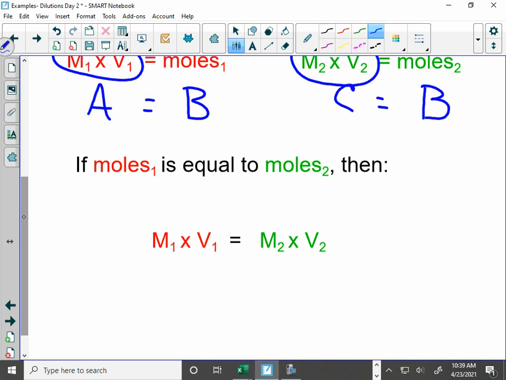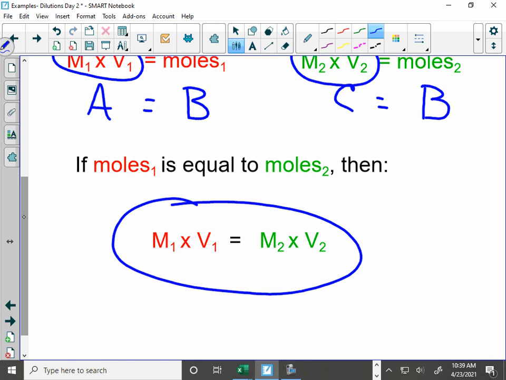Now that is, ladies and gentlemen, the equation that we're going to use to calculate these dilutions.